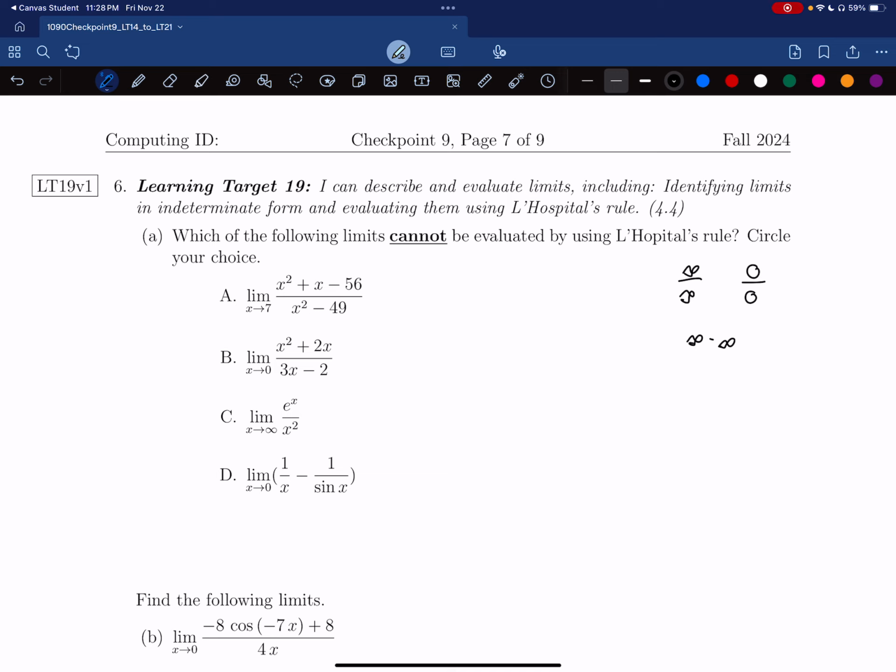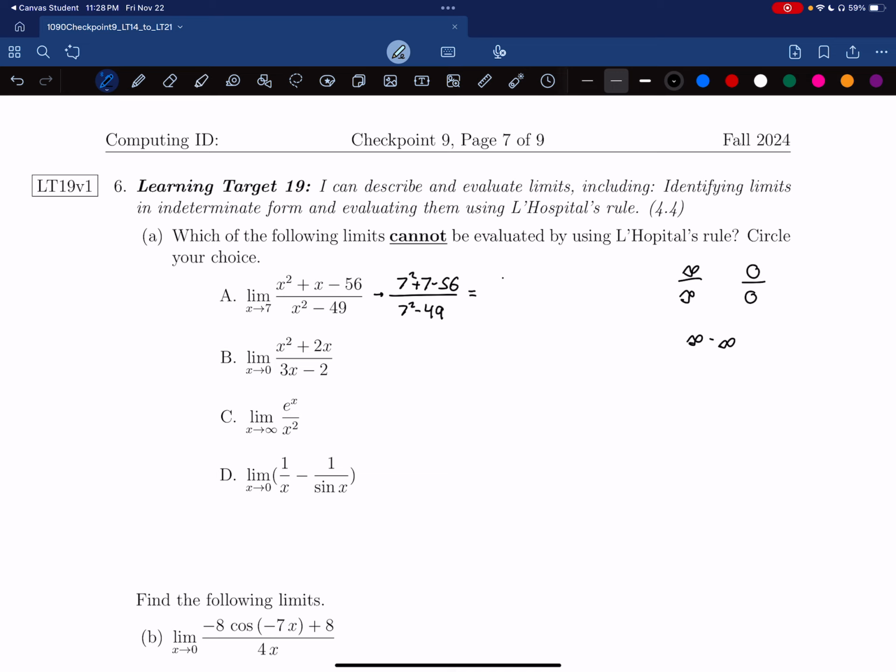Okay, so the way we can go about this is, given a specific limit, we can plug in the value of x that we're approaching and see what we get. So here we're plugging in 7. We will have 7 squared plus 7 minus 56, or 7 squared minus 49.